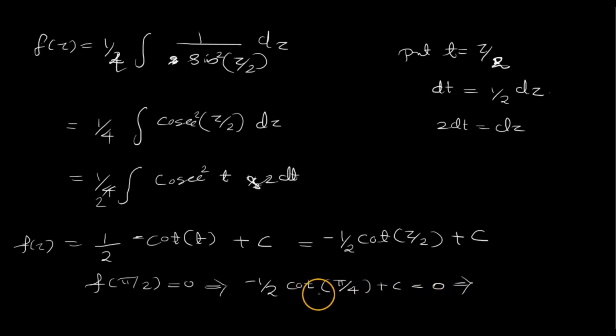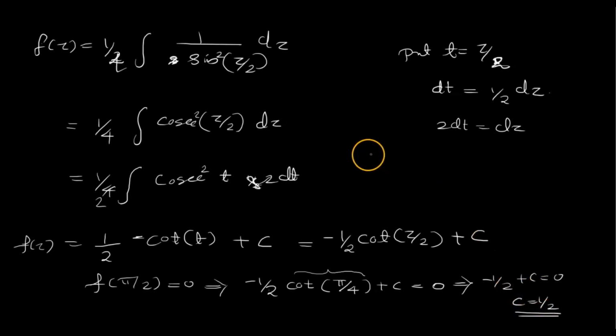We know that cot pi by 4 is cos pi by 4 by sin pi by 4, which is 1. So minus 1 by 2 plus c equal to 0 means c is equal to 1 by 2. We got the constant c equal to 1 by 2.